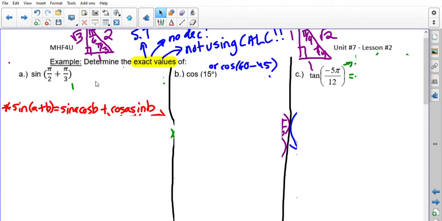Okay, so let's start off. This one's nice. It says sine(pi/2 + pi/3). This one's nice because it's already been broken up for us as the addition of two angles. Notice that one of the angles is also pi/2. Technically, pi/2, pi, 3pi/2, and 2pi are all those key points in a sine or cosine function, or in a tan function as well.